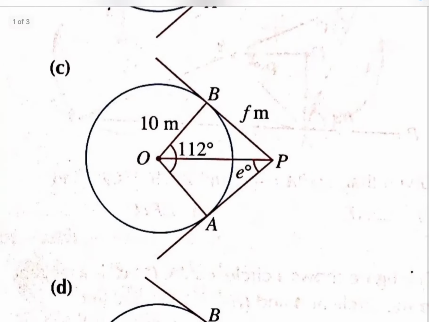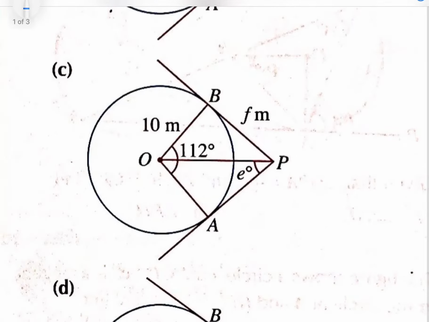We can also solve C. Okay. So these two sides are equal, because they are tangents from an external point P. And this OP bisects the angle.